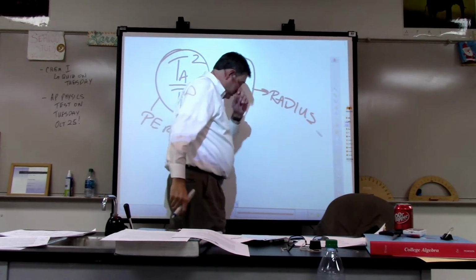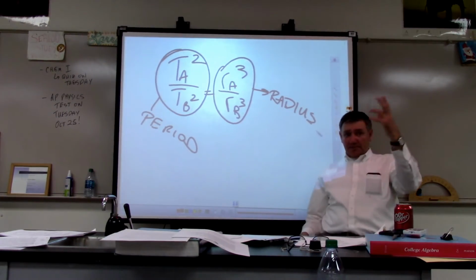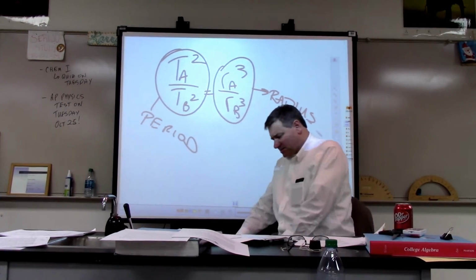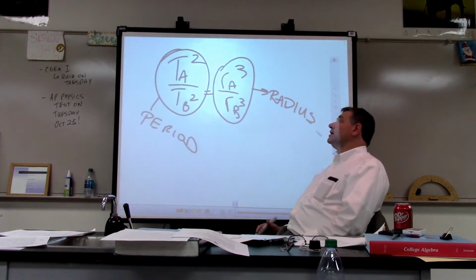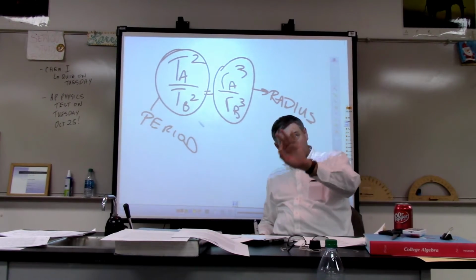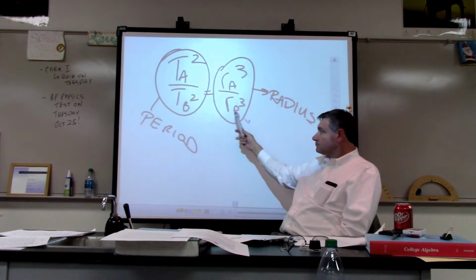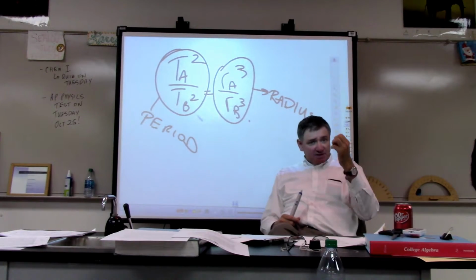So this is a cool deal. Basically, the third law is what's known as the law of harmony. And so, Kepler thought this was like a clockwork mechanism. This is a cool deal, and it works, but you have to be very careful. First off, this only works for objects that orbit the same center.